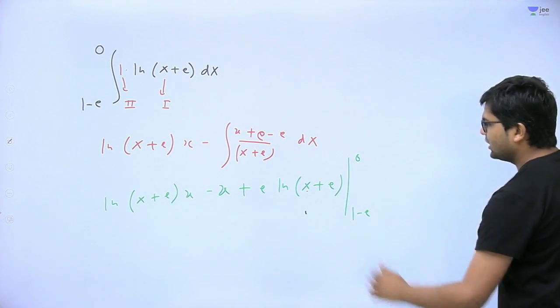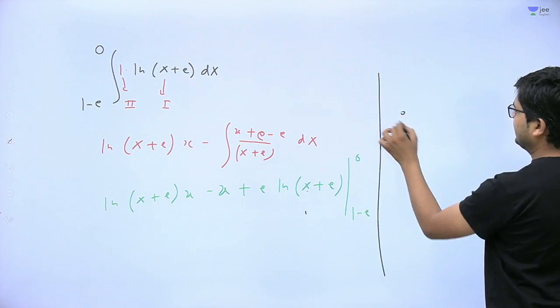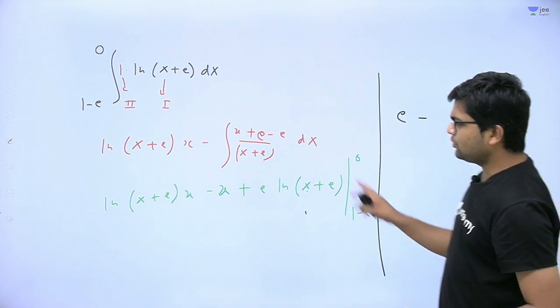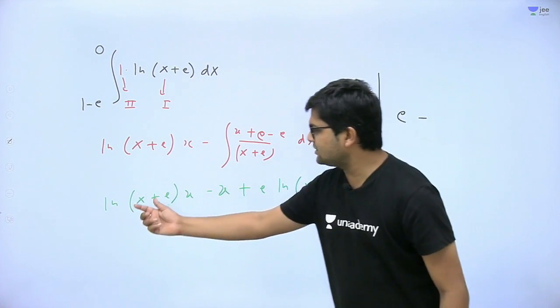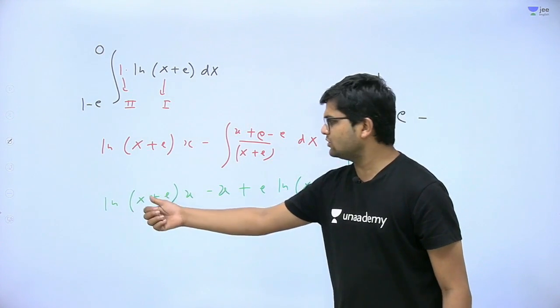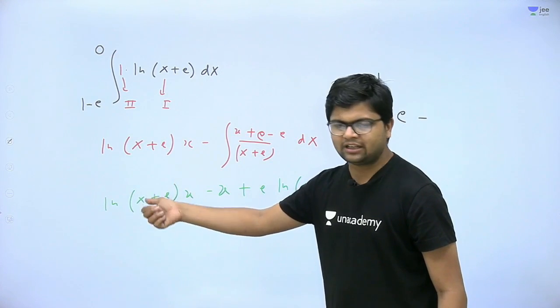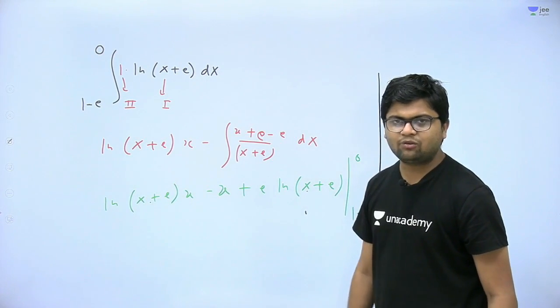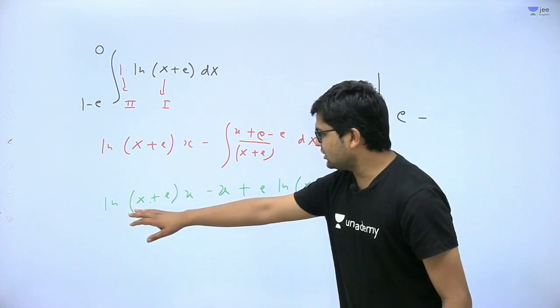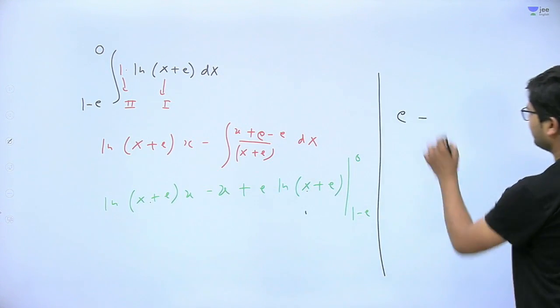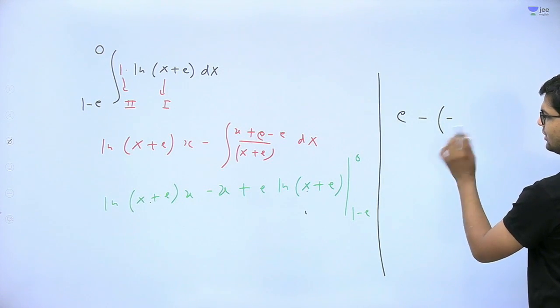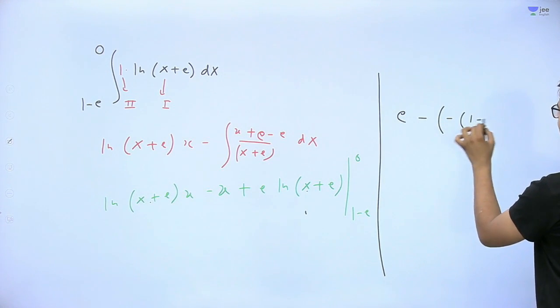Now if you put 1 minus e, this point is very specific, log will become 0, because 1 minus e plus e, the e's cancel out, and ln of 1 will be 0. Therefore this one is 0 and this one is 0, and the value that will come out will be minus 1 minus of 1 minus e.